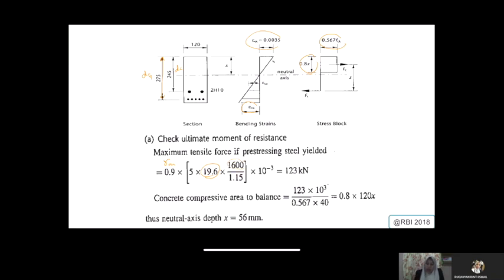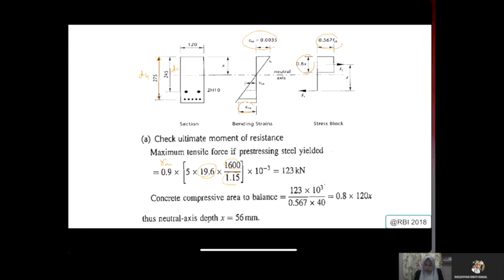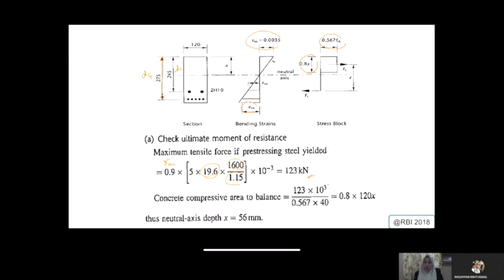Then you have the proof stress for your tendon, divided by the parameter, and multiplied by 10 power of minus 3, and you get 123 kilonewton. That will be your maximum tensile force. Sorry, this is gamma P, not gamma M. This is gamma M.